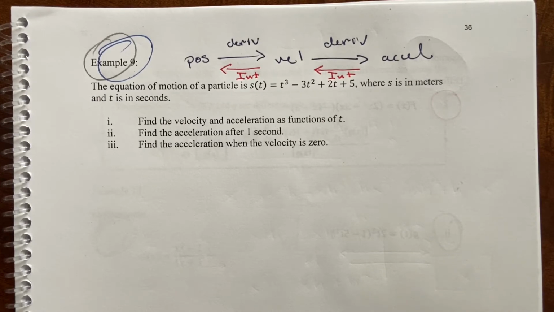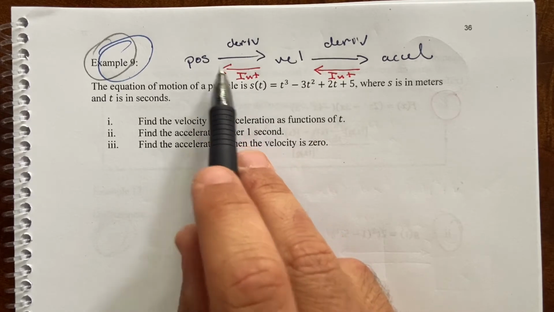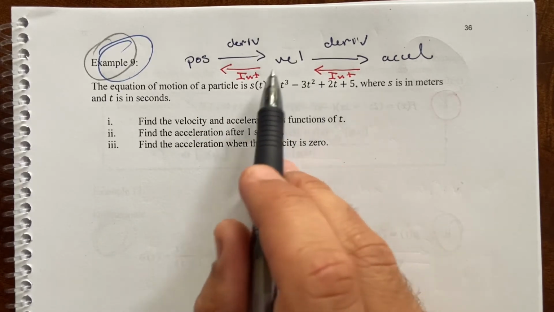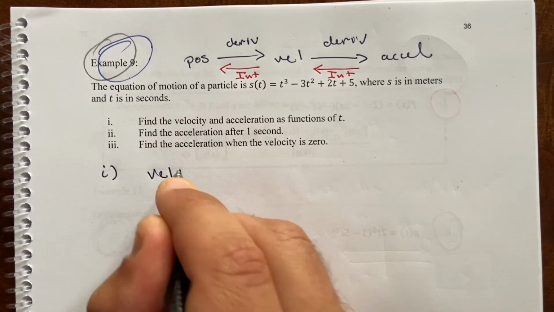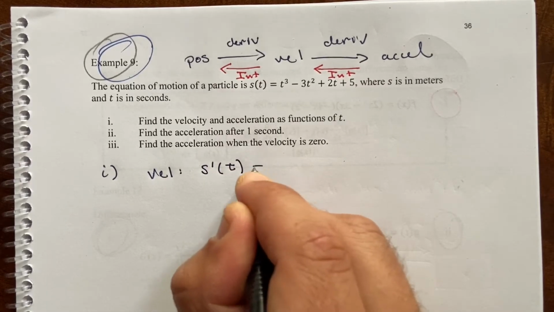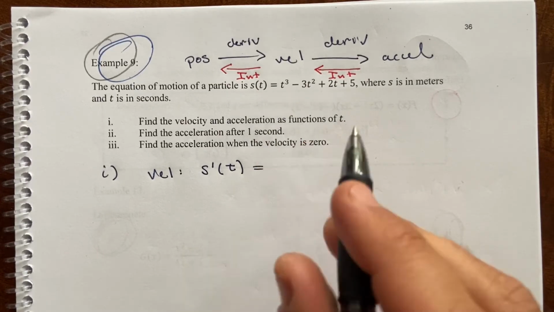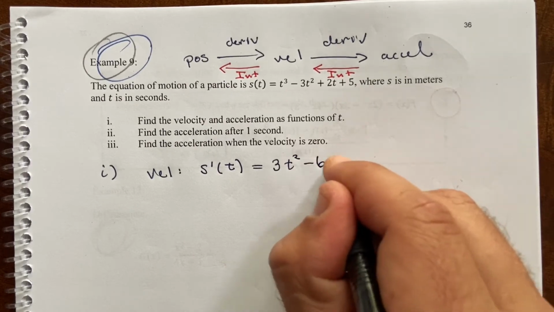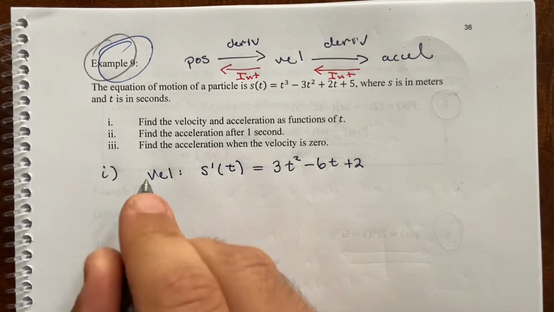So to go ahead and do that, s is our position function. I'm going to differentiate to get the velocity function, and I'll just leave it in terms of t. So s prime of t, I'll use the power rule. And that would be the velocity.